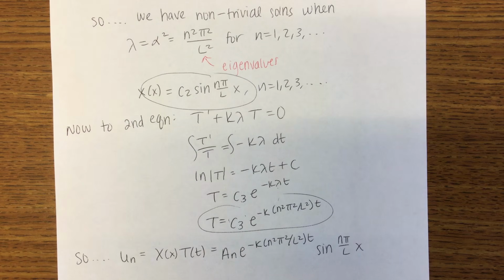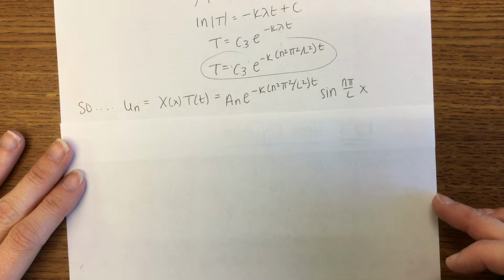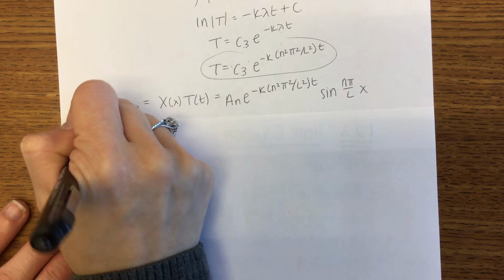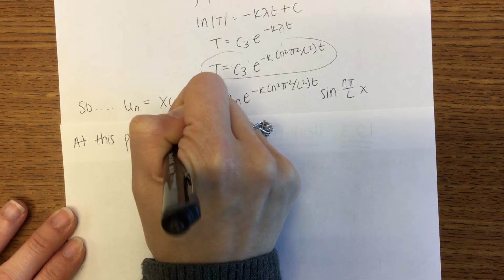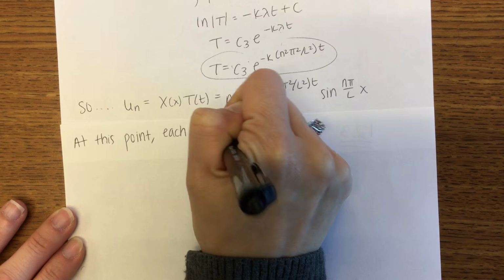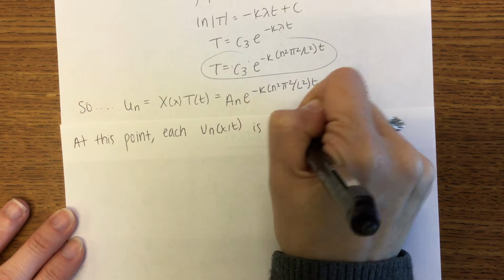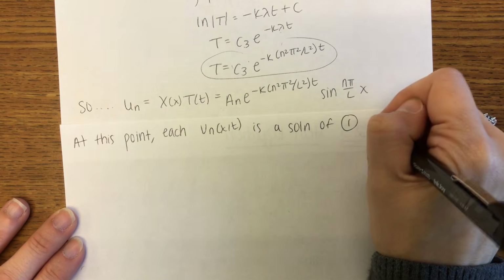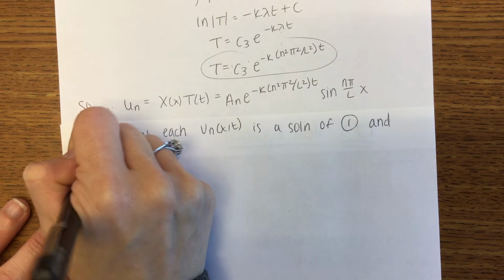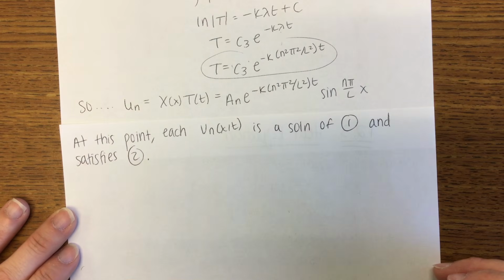Okay. Questions before we keep going? Okay. So at this point, each u n of x,t, so what we wrote above, is a solution of equation 1 and satisfies those boundary value conditions in 2.